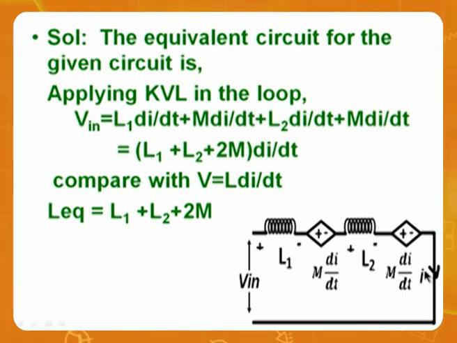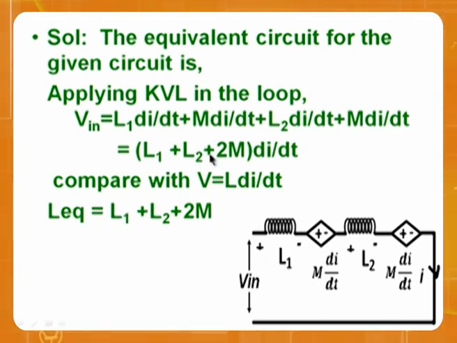This is the idea. If I apply KVL, the input voltage is equal to L1 di by dt plus M di by dt plus L2 di by dt plus M di by dt. If you take di by dt common, what happens? L1 plus L2 plus 2M. This is actually called L equivalent.